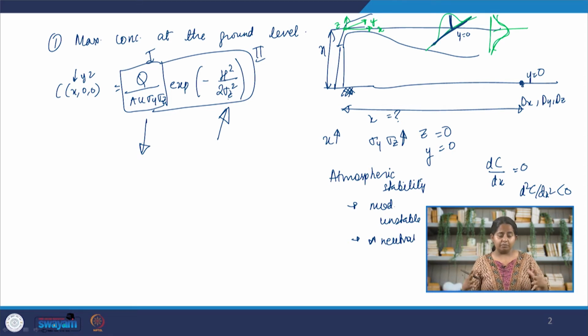So, it is moving adiabatically, it is not exchanging heat with its environment. So, adiabatic lapse rate and environmental lapse rate are not typically same. When they are same, we have nearly neutral conditions, which is here.